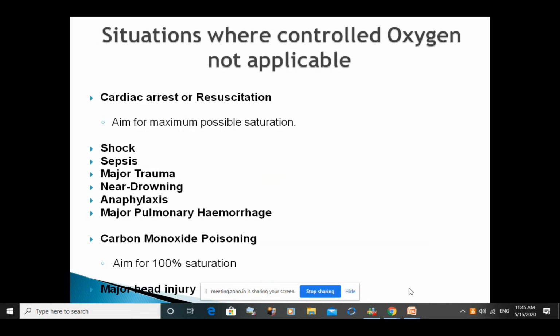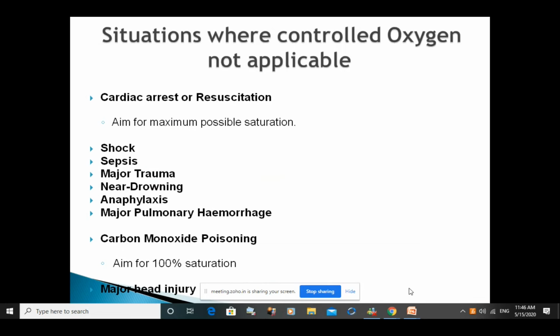The aim is to achieve maximum oxygen concentration. So they may be started on one of those non-rebreathing masks in casualty or A&E, because here what we are dealing with is a very, very dangerous condition. The patient could die anytime. So if they are not treated appropriately, it's risking and costing their life.